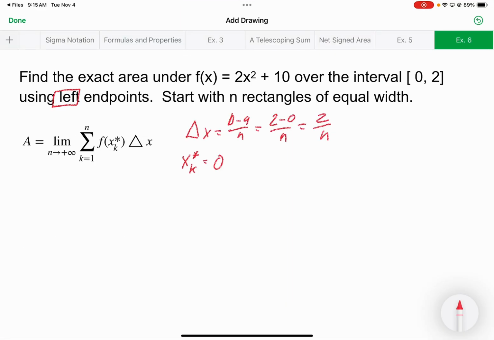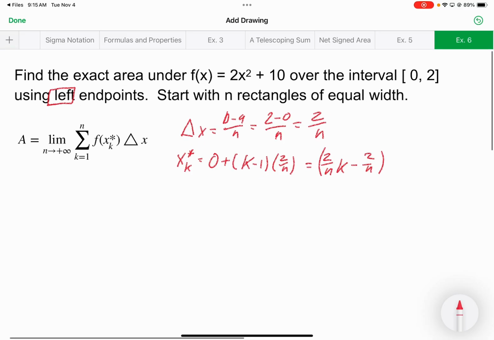So my a value is 0, fortunately. That's something else that can make an example easier. And then k minus 1 times delta x. So k minus 1 times 2 over n. Okay. If you want, you could say this is 2 over n times k minus 2 over n. You can say that if you want. Change that to your input.